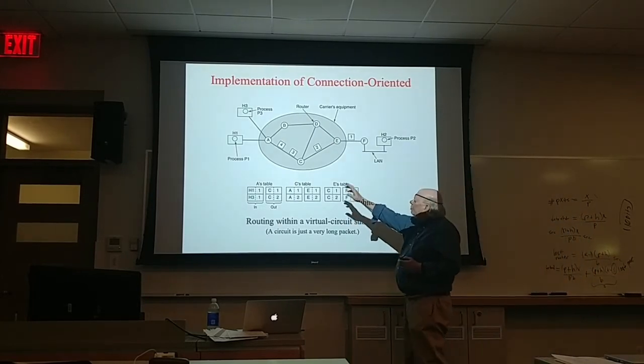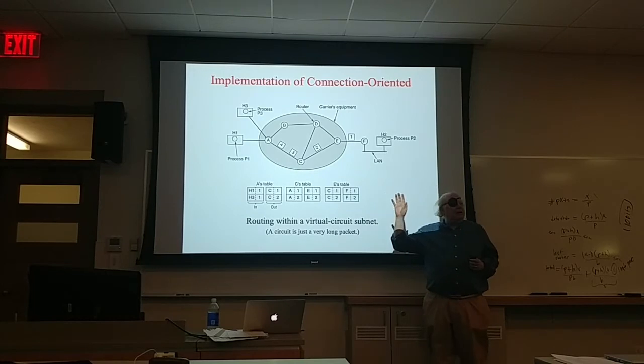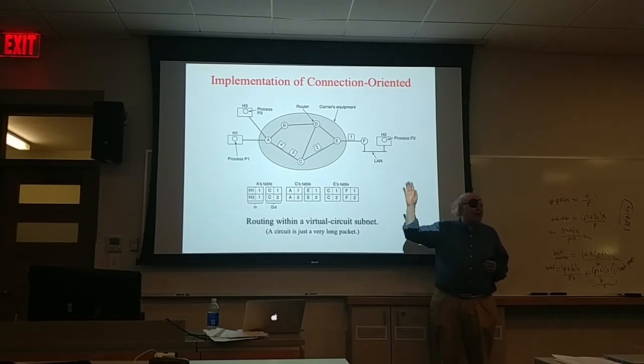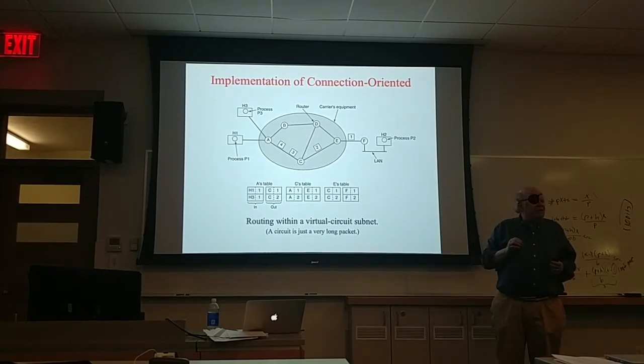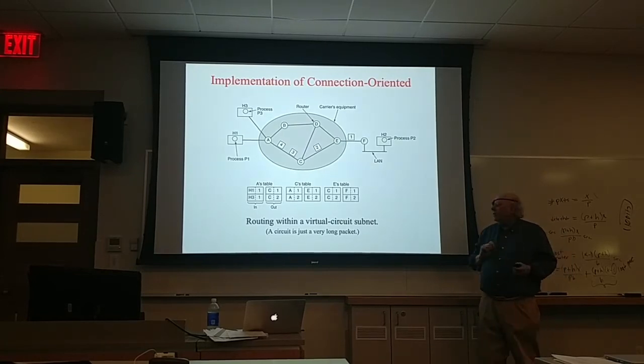Before we send any packets, we dedicate a path through the network for those packets. This has an advantage: rather than having addresses in the data packets themselves, we have very short channel identifiers.